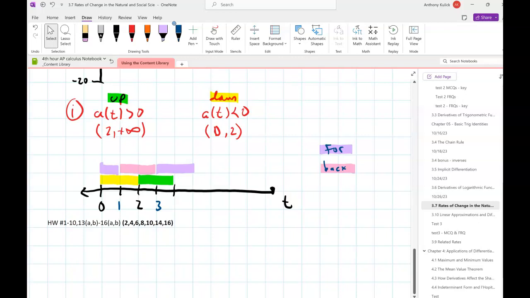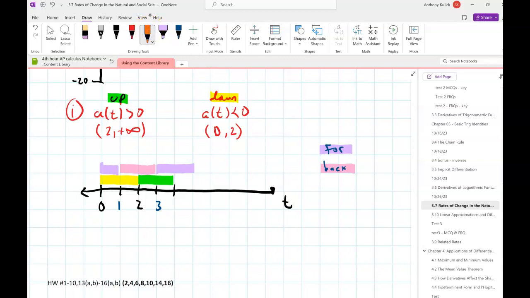So this is always the part that I screw up. So let me just be careful here for a moment. Okay. So the place where we are speeding up is when the velocity and acceleration are the same sign. Right? If you're moving backwards and your acceleration is negative, you're increasing your speed in the backwards direction.